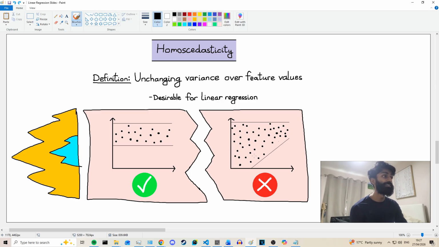Whereas on the right, we see here, the variance is decreasing as you increase the x-axis. And this is represented by this diagonal line, which is containing the points. The points are getting more compact together as you increase the x-axis. Thus, homoscedasticity isn't held here.